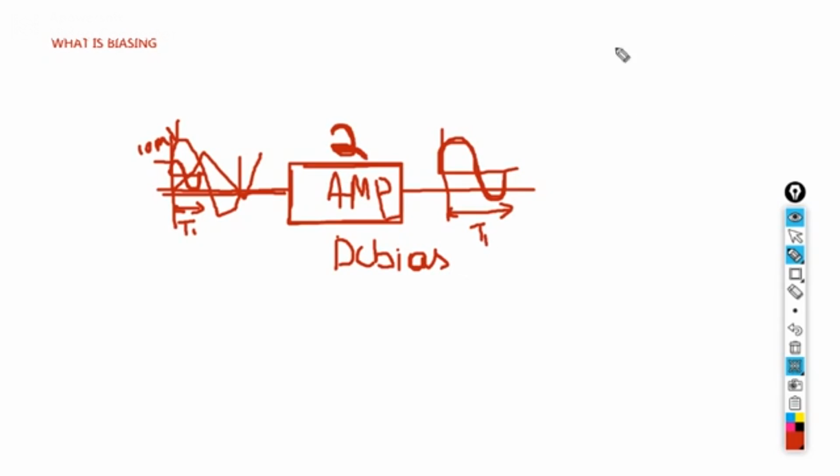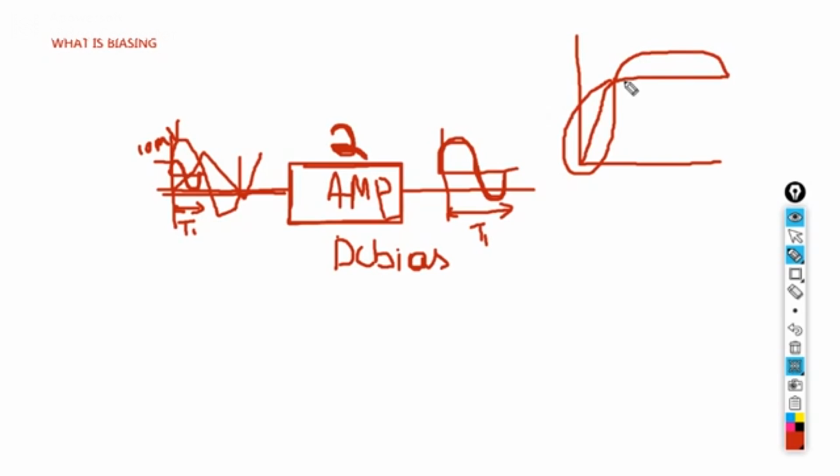For example, we know the output characteristics curve for this MOSFET is something like this. This region is called the ohmic region, and this region is called the saturation region. By giving this value VDS, I can make my MOSFET work either in the saturation region or in the ohmic region.